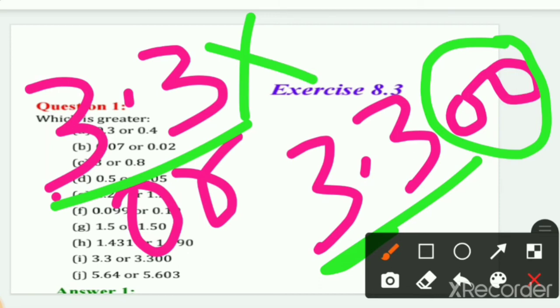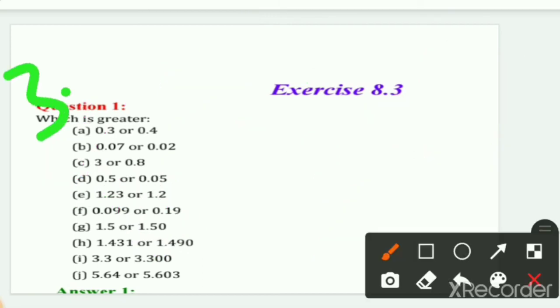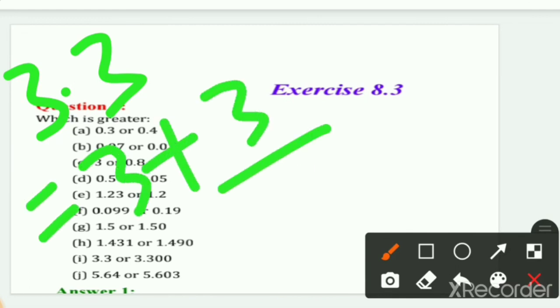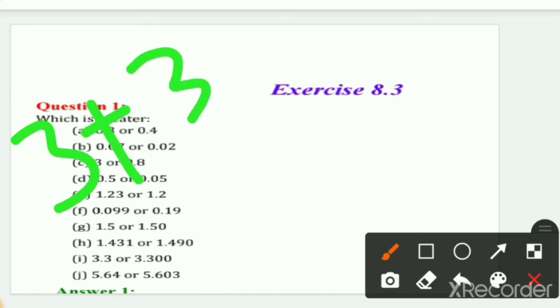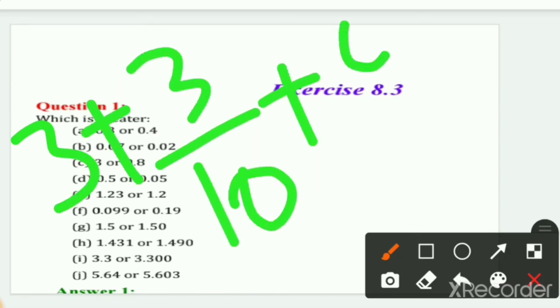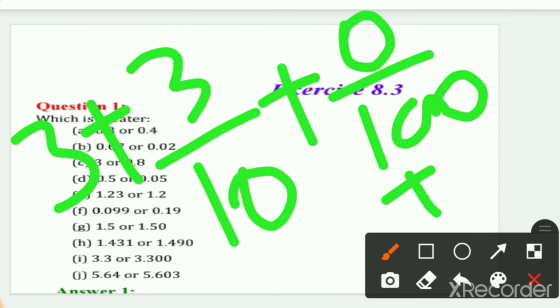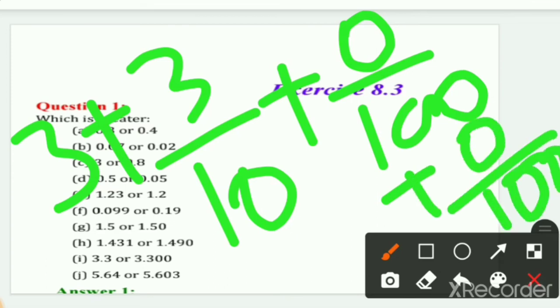If you express 3.3, how will you express it? You will write 3 plus 3 upon 10, right? Yes. But if you express 3.300, how will you write it? 3 plus 3 upon 10 plus 0 upon 100 plus 0 upon 1000, right?